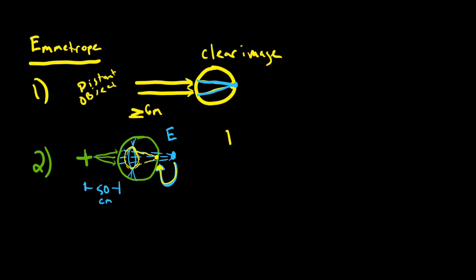So there's a formula to help us figure out how much this person needs to accommodate. And the formula is F equals 1 divided by distance. Okay?